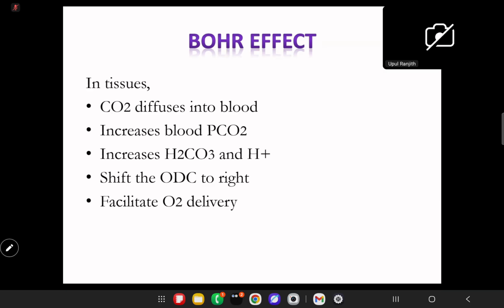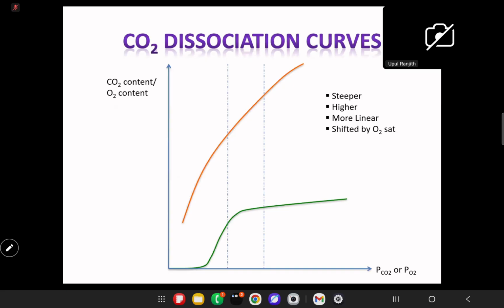The right shifting of the ODC means the facilitation of the delivery of oxygen. So at the tissue level, due to this binding of carbon dioxide, that will facilitate the delivery of oxygen. So this is what happens. That is called the Bohr effect.